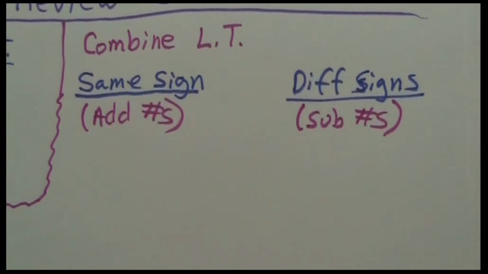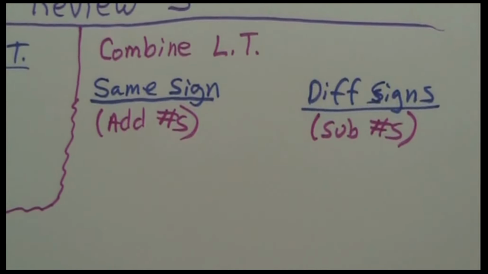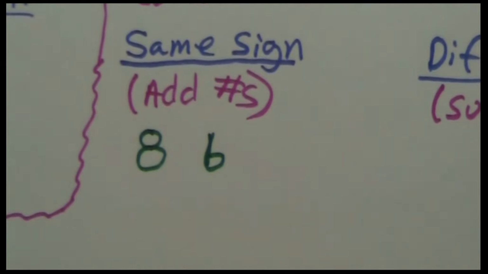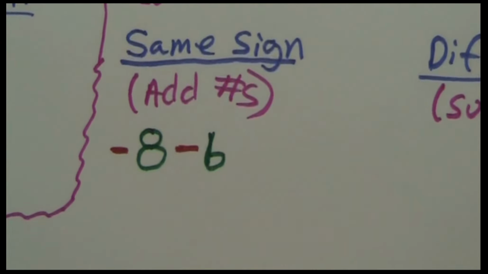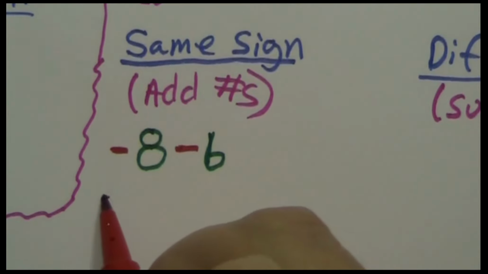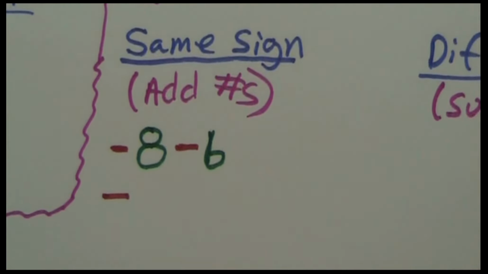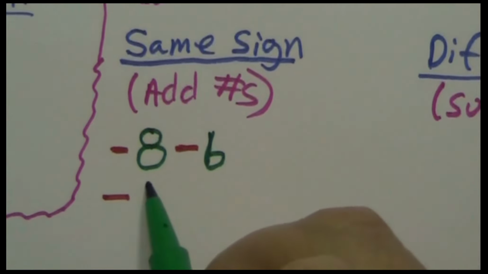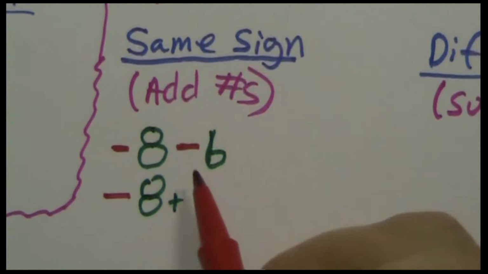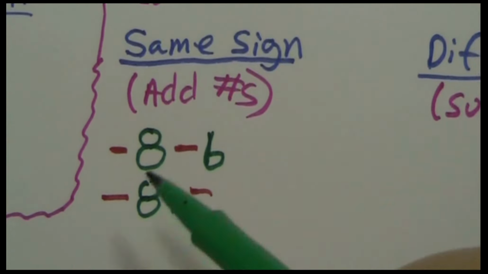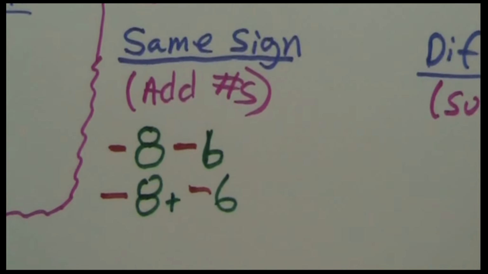Okay, so this is what you should keep in mind. Let's just do an example of each. Let's say you have negative 8 minus 6. Notice that this is also negative 8 plus negative 6. They're the same thing.